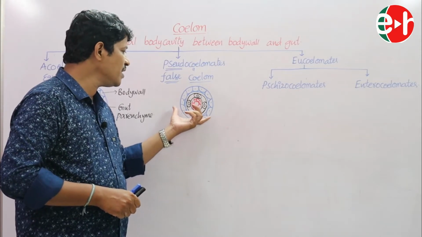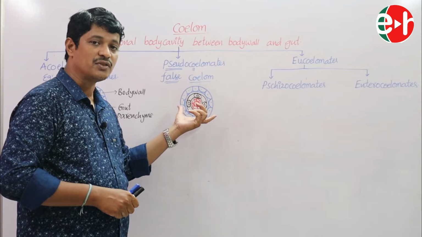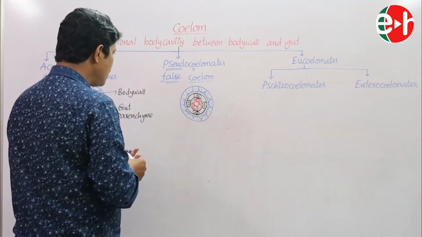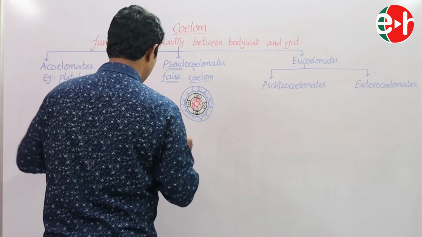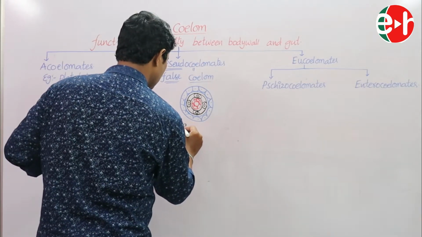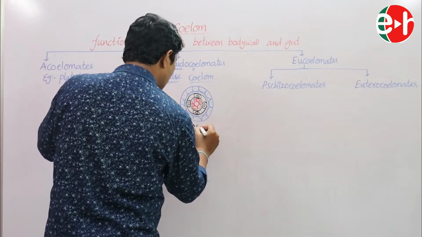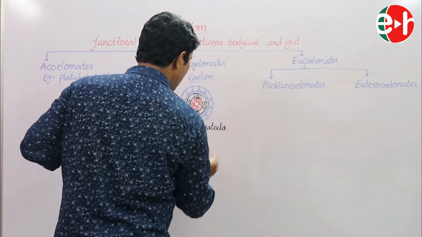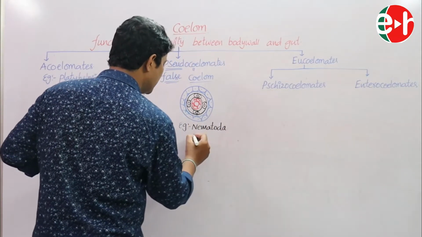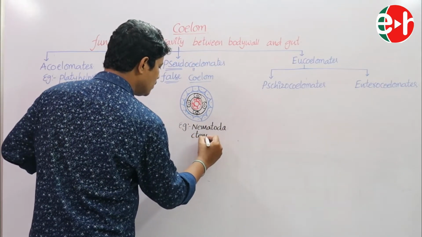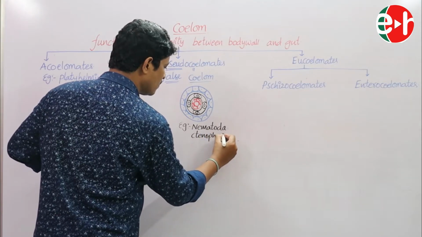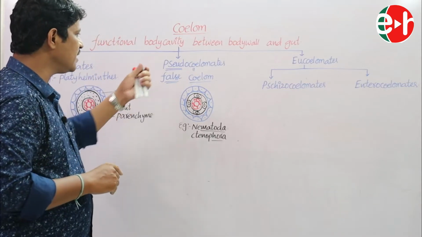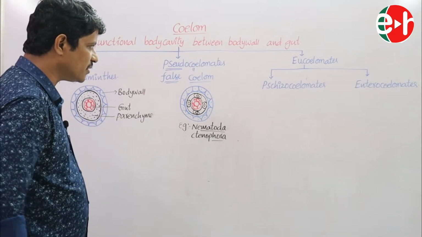The mesoderm is present like scattered pouches. This coelom is known as pseudocoelom. Examples for the pseudocoelomates are Nematoda, or Aschelminthes, or Nemathelminthes, and Ctenophora animals. These two classes come under the pseudocoelomate animals.